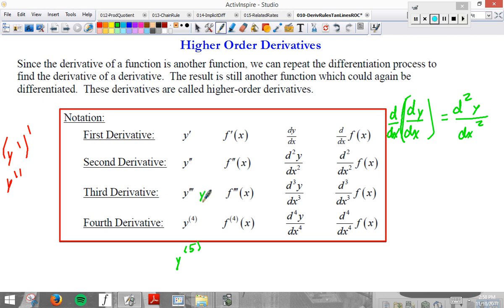This could also be written as y to the third, like that. You should not say y to the third, it's the third derivative, but that's how it would look in the similar notation down there. These all look the same. They're nice that way. That should be a big hint for one of the homework problems. Careful, careful.